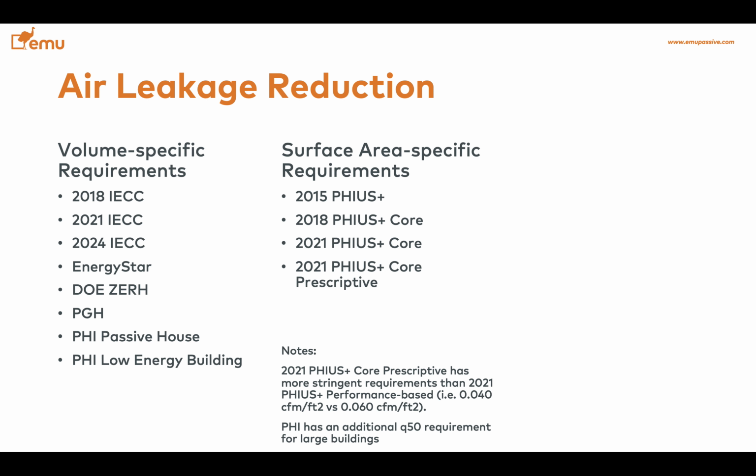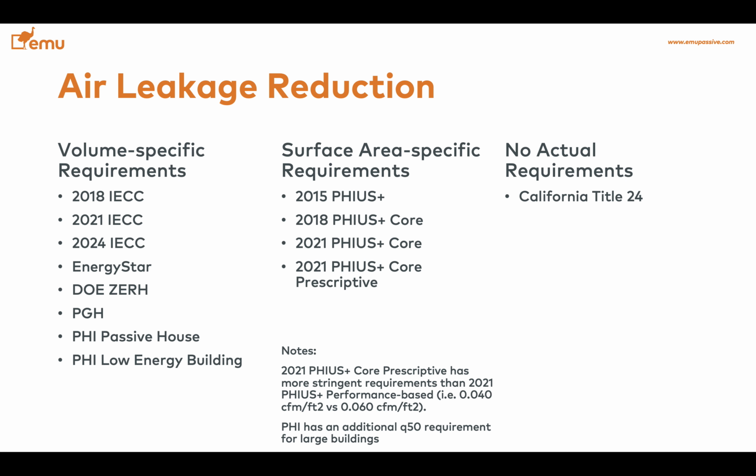To be noted, we're going to see later how the FUSE core prescriptive has more stringent requirements compared to the performance-based FUSE 2021, as well as PHI has some additional surface area specific requirements for very large buildings. Now, this did not get included in this report because this report is about single-family homes.